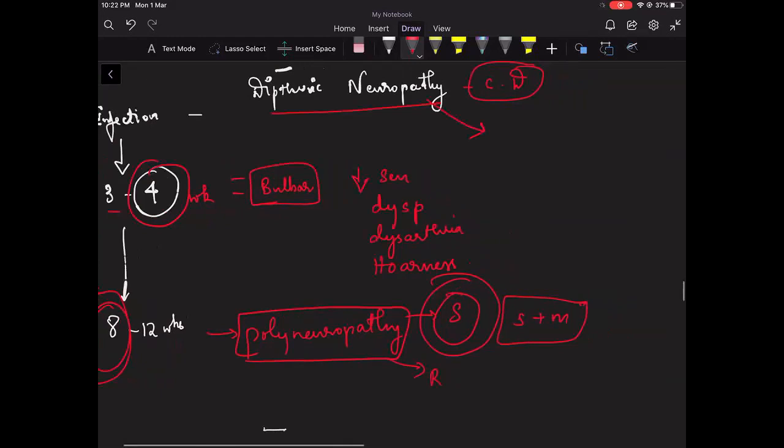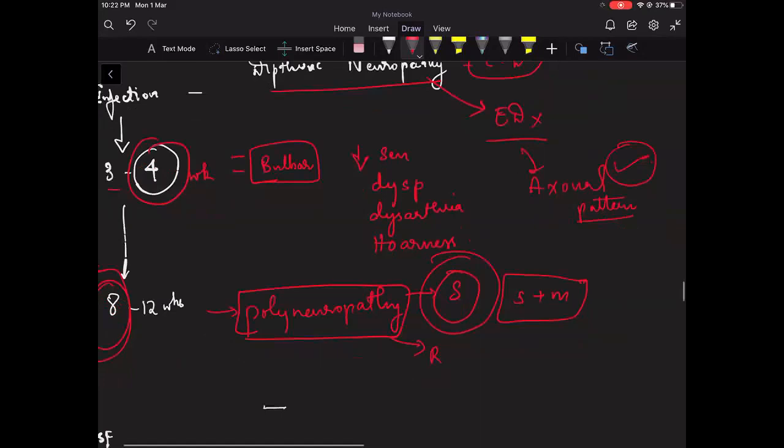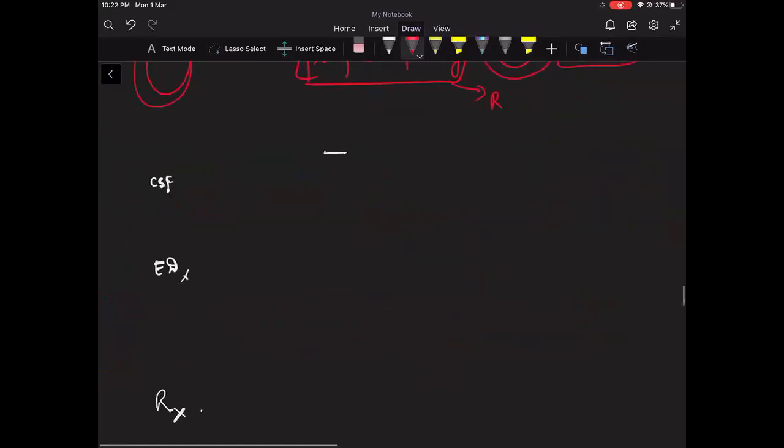Treatment is usually by giving antitoxin, but it is usually less effective. CSF protein will usually be elevated.